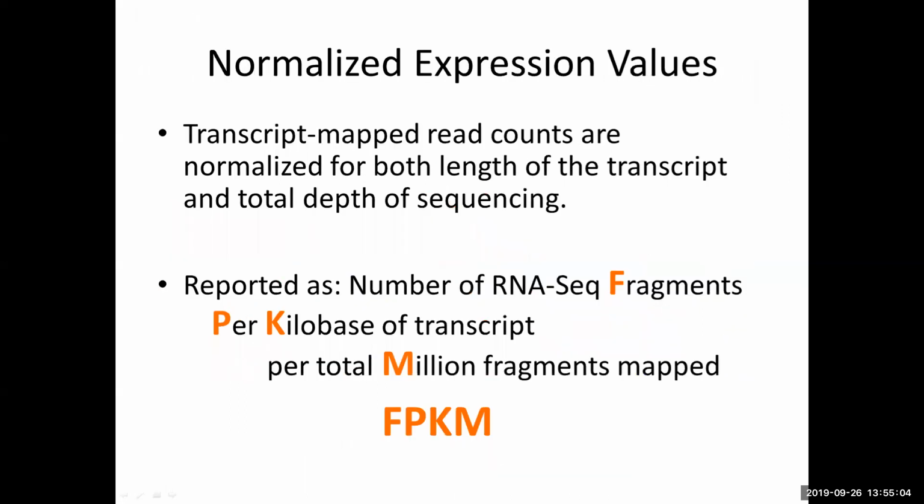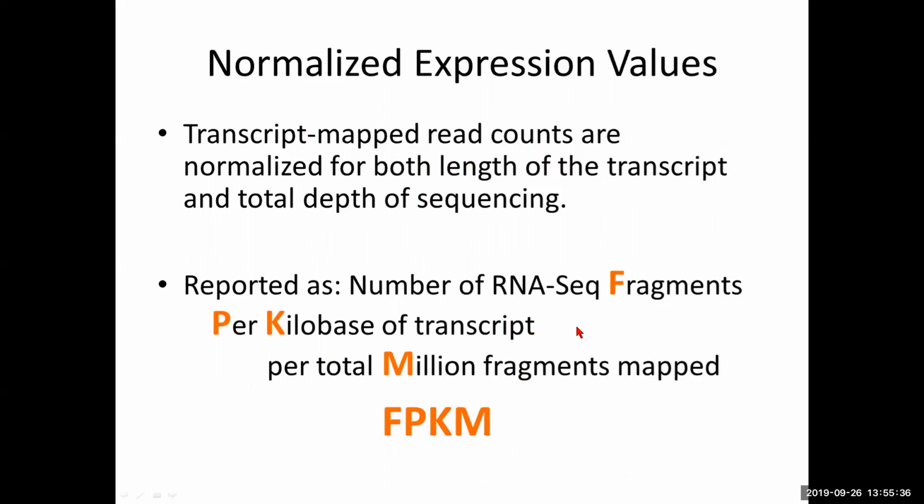Awesome. All right, so you do all that, and in the end, you basically end up with transcript-mapped read counts, which can then be normalized both for length and for the total depth of sequencing. Why? Because the more you sequence, the more reads you will have for everything. So that's the M part, per million fragments of sequencing. And then normalizing for length, where longer RNA transcripts have more reads mapping to them, that's the PK part.